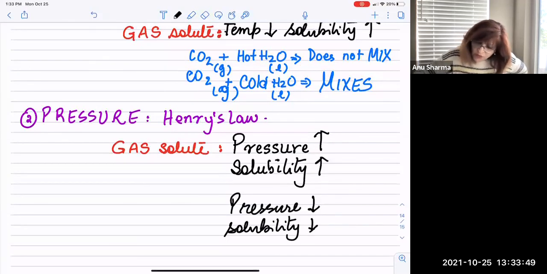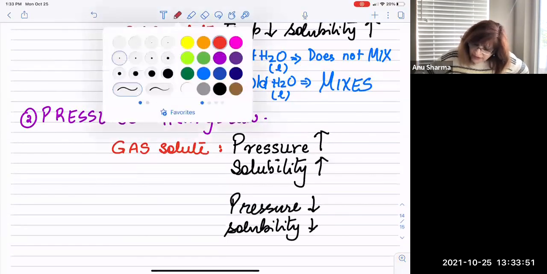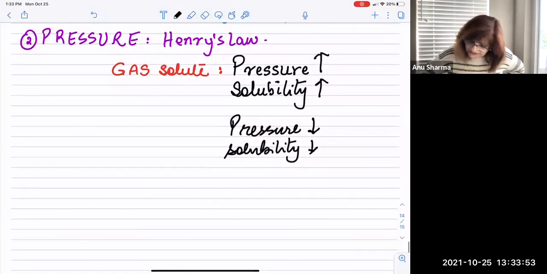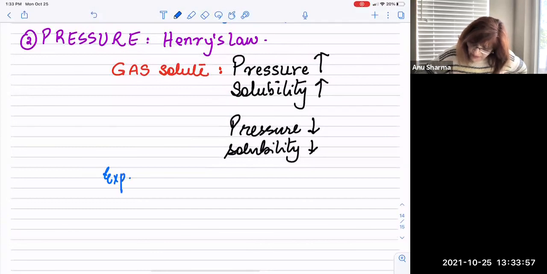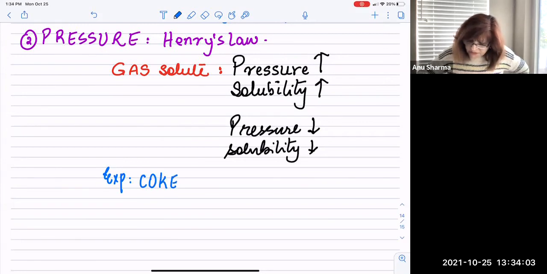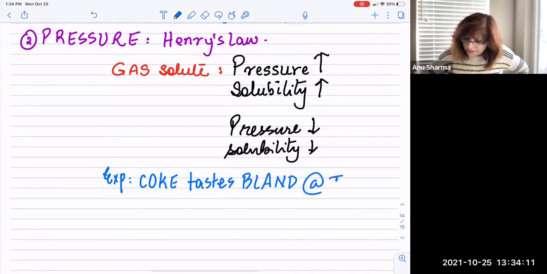And this is the reason why, as one example, Coke tastes bland at room temperature.